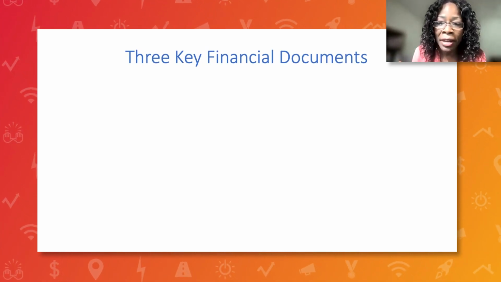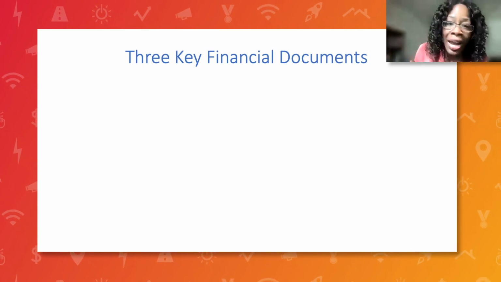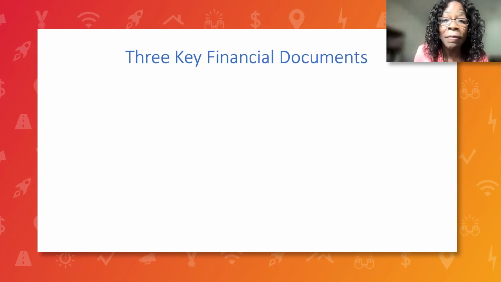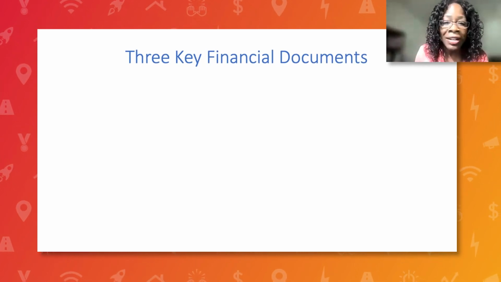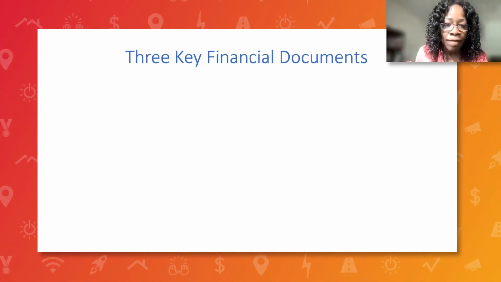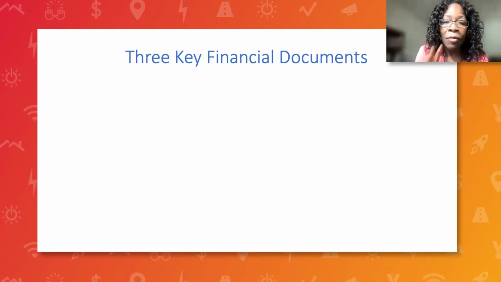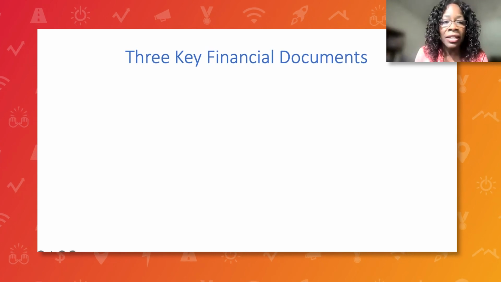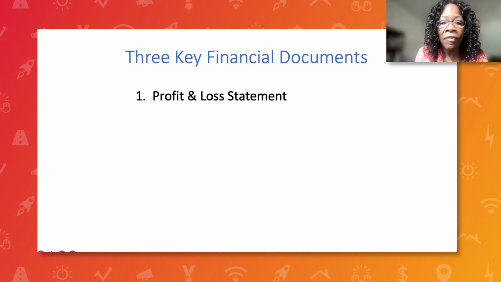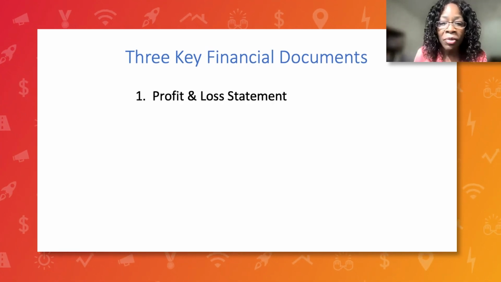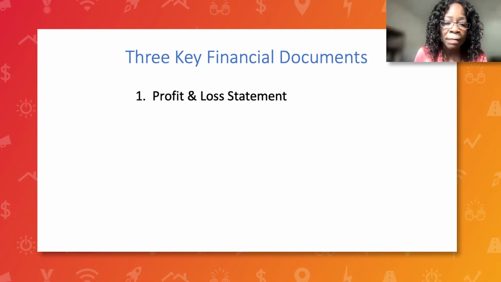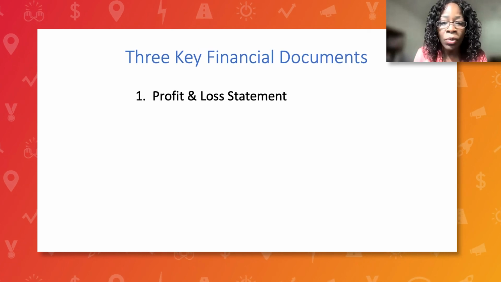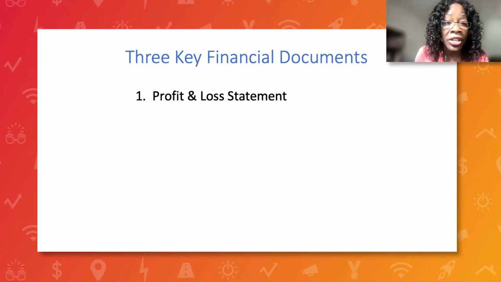I just want to mention the financial documents quickly. You don't have to think about them right now, but once you start your business, there's something called a profit and loss statement. This is a document that records the revenue in and the expenses out during a month, a quarter, or a year.